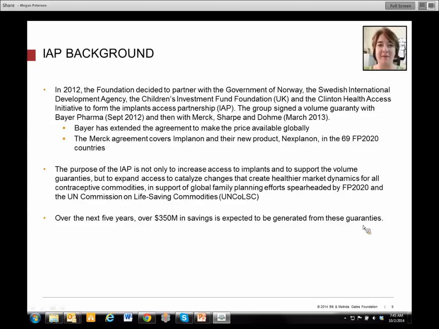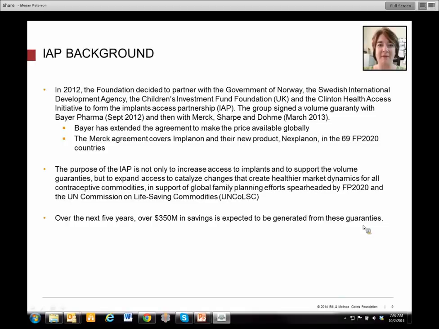And if that volume was not achieved through the procurements that were already taking place through other partners, the foundation would then cover the additional costs for the volumes that were not achieved. The good news is, for the last 2 years, good news for the foundation, I think good news for the world, because implants are getting out there more broadly, for the past 2 years, 2013, 2014, and looking very good for 2015, those volume guarantees are going to be met.